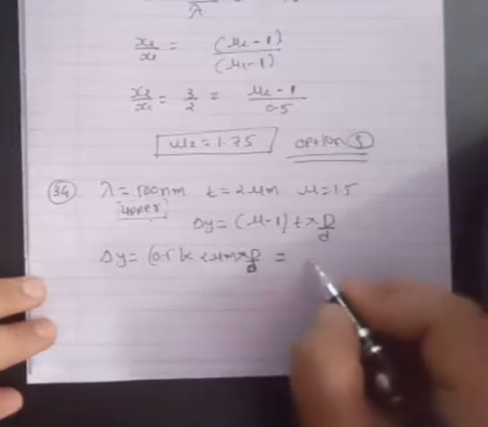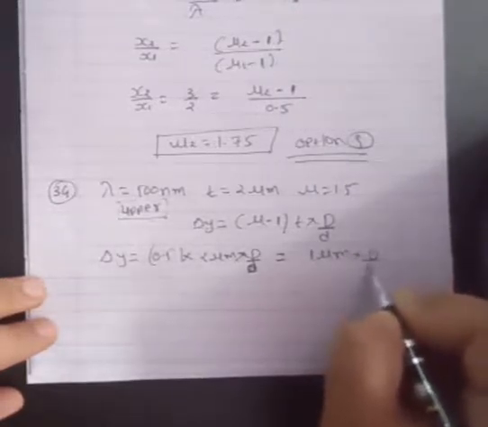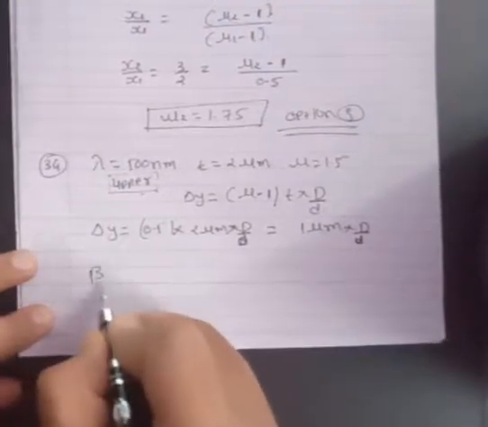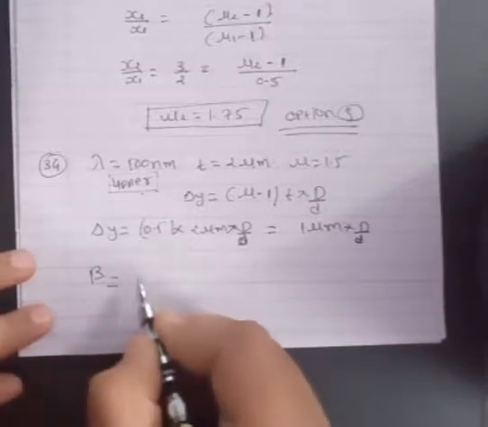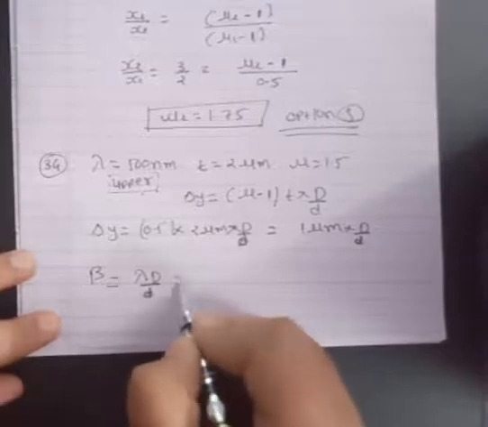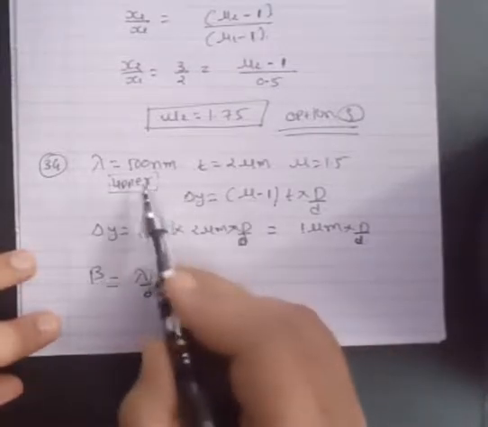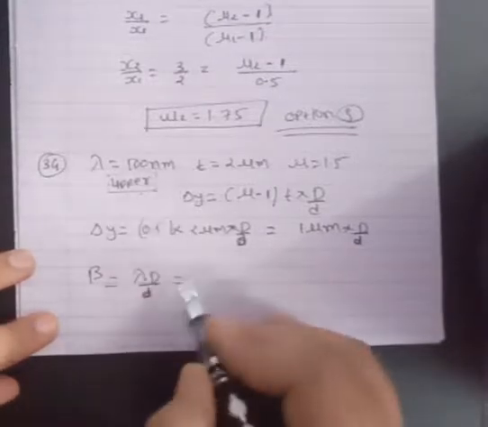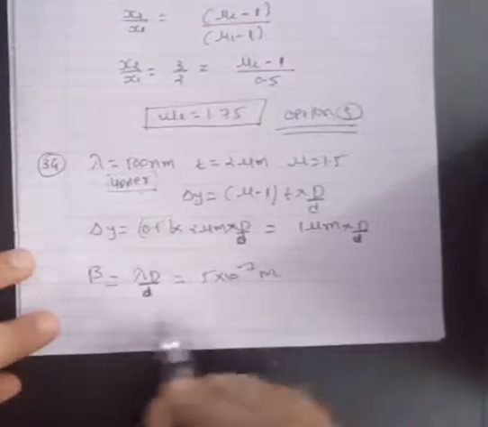So this will be equal to 1 micrometer into capital D by small d. Now fringe width beta is given by lambda D by small d, where lambda is 500 nanometer, so this will be 5 into 10 power minus 7 meter.